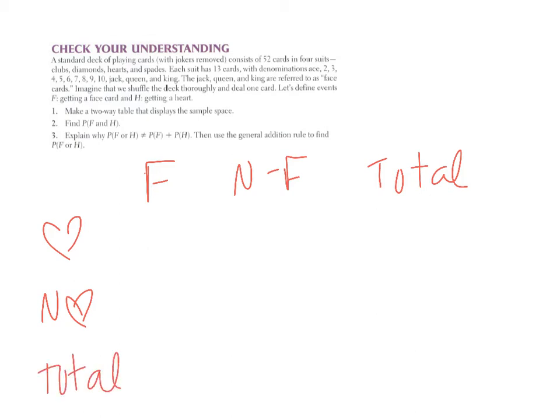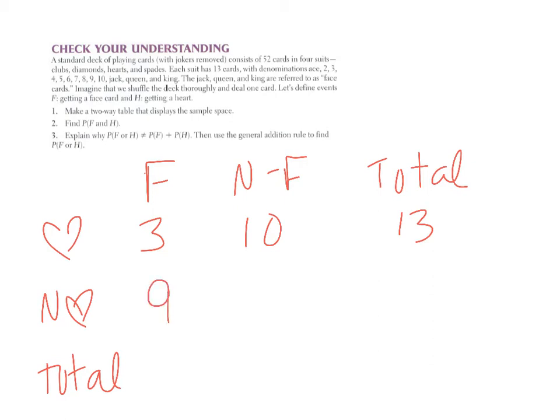Our face cards that are hearts, we only have a jack, queen, and king. There are only 3 of those. All of my hearts that are not a face card, there'd be 10 of them because there's a total of 13 hearts in the deck. The other 3 suits, clubs, spades, and diamonds, each have 3 face cards themselves.